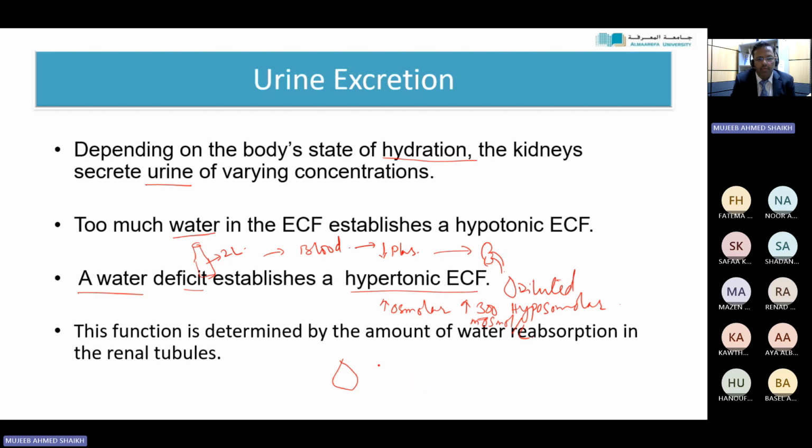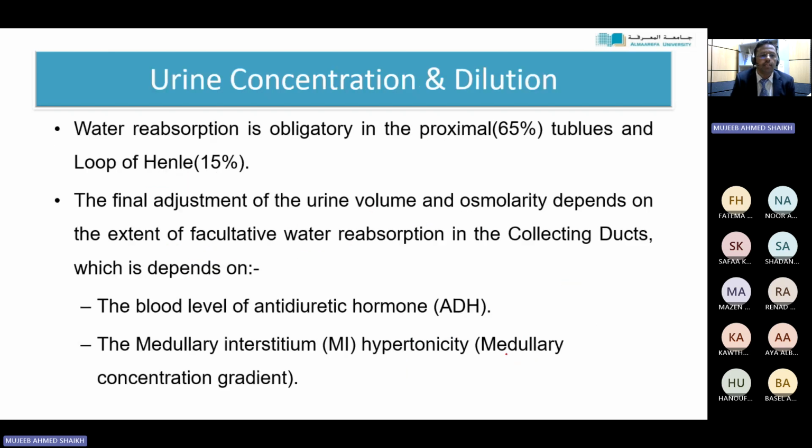The drop of the urine will be small, but it will be very dark, whereas diluted urine is a big amount, but without color. This is concentrated urine and darker in color, dark yellow color. So how this happens, we will see in today's lecture.